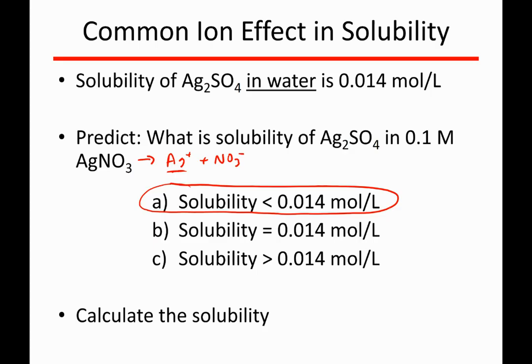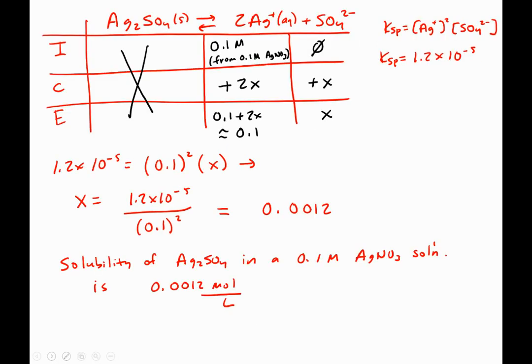We predicted that the solubility should be less than 0.014, and sure enough, it is. So that's showing us that the presence of that common ion results in the reaction not being able to proceed quite as far to the right as it originally did when you were dealing with just pure water.